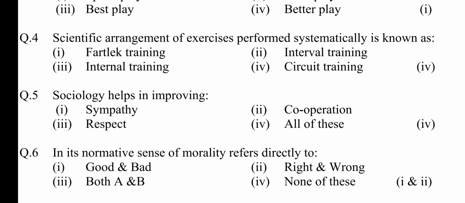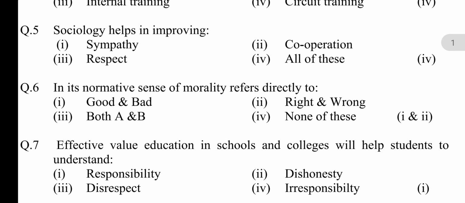Second, interval training. Third, internal training. Fourth, circuit training. Answer is option fourth, circuit training. Question number 5. Sociology helps in improving option first, sympathy. Second, cooperation. Third, respect. Fourth, all of these. Answer is option fourth, all of these.